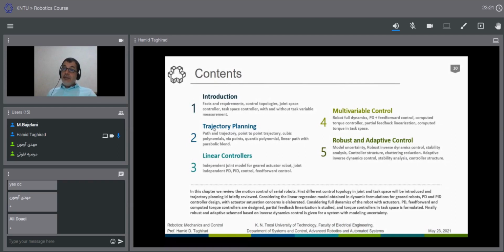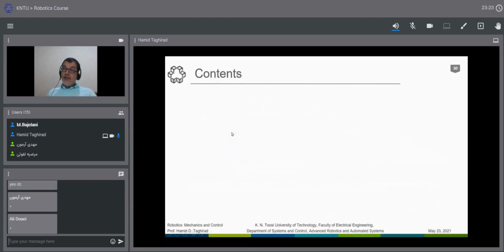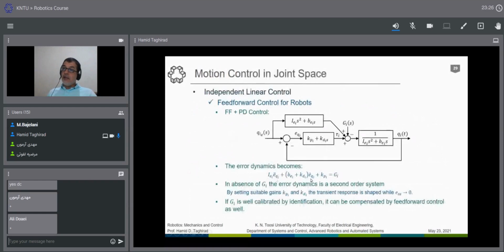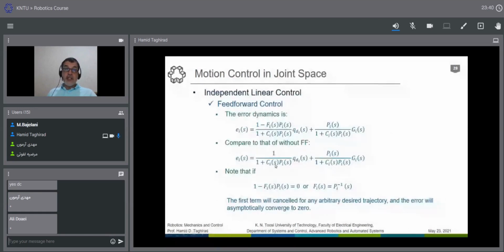Of course, the main importance of adding feed-forward is not just the speed. The speed is basically set by KP, KD, the omega n in the closed-loop system. The main importance of the feed-forward is that this error part becomes 0 or very small, if the model is ideal. This means that for any input trajectory we have zero steady state error.